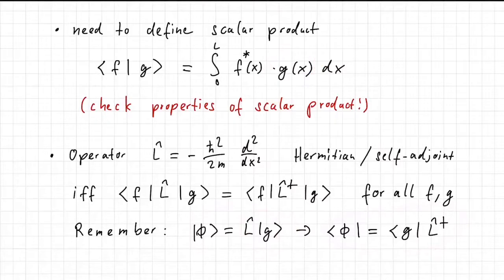And the adjoint operator, the Hermitian conjugate, would act on the first function that we have here in the scalar product.